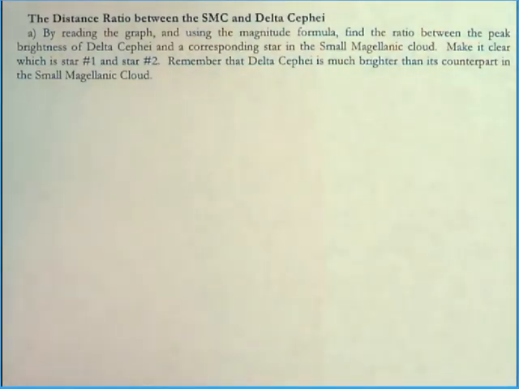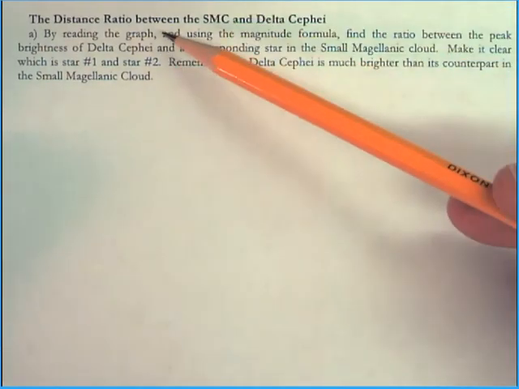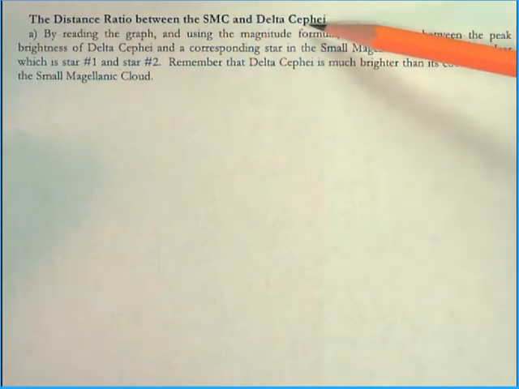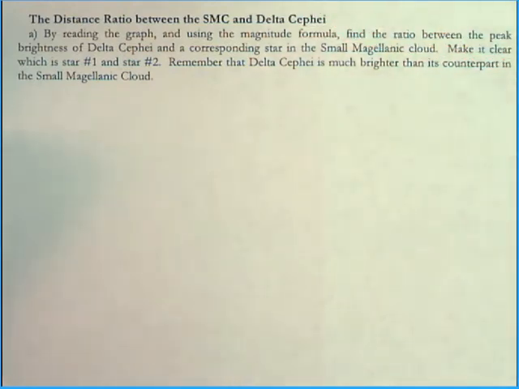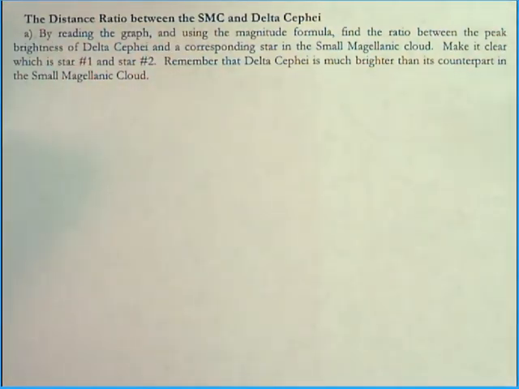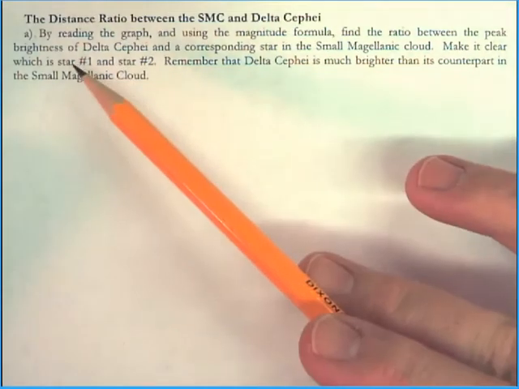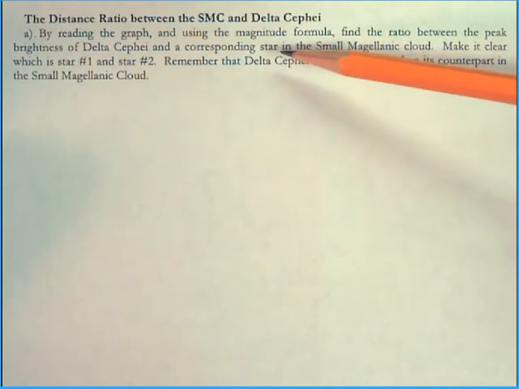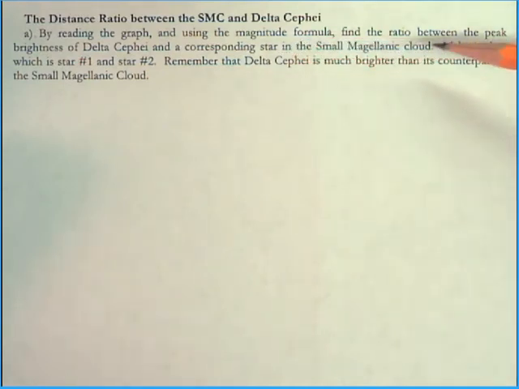Now we return to the problem at hand, which is finding the distance ratio between the Small Magellanic Cloud and Delta Cephei. There are two parts to this problem. Part A asks us to find the ratio of the peak brightness of Delta Cephei to a corresponding hypothetical star in the Small Magellanic Cloud that is exactly like Delta Cephei, just located there.